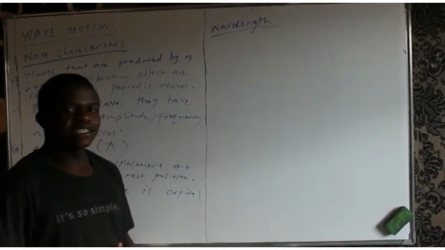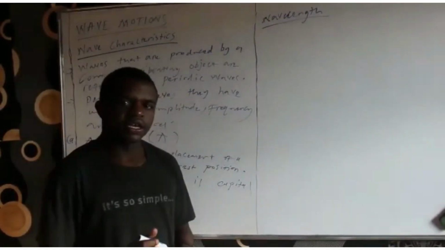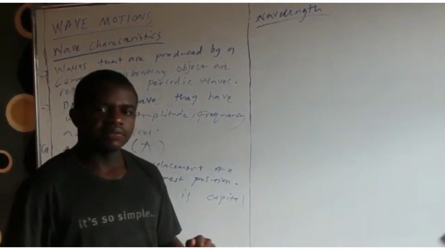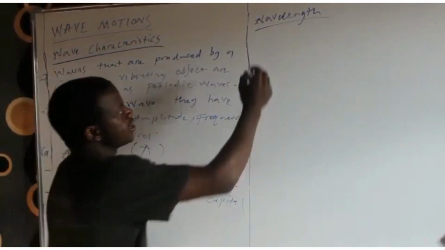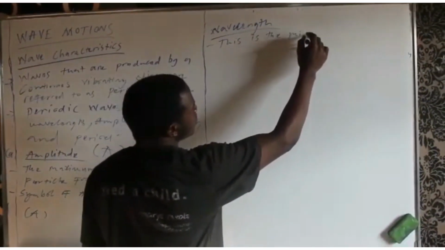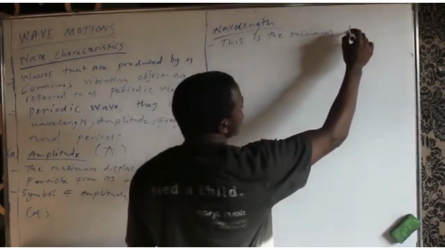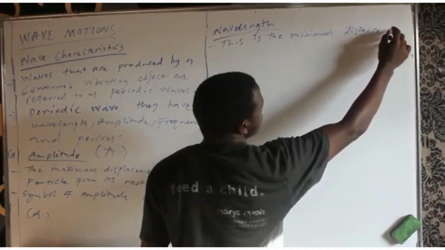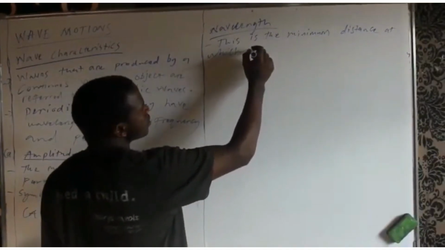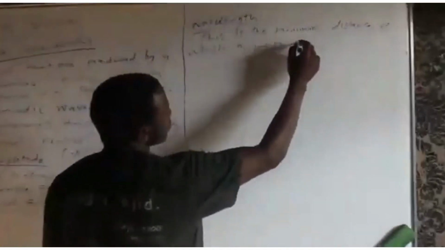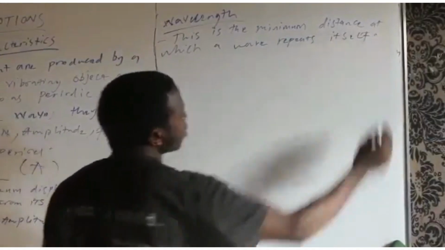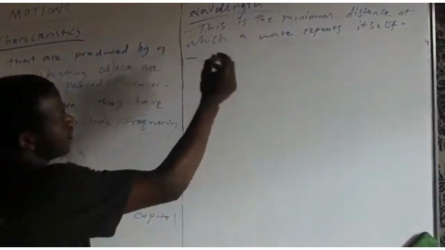Wavelength is defined as the minimum distance at which a wave repeats itself, and the symbol of wavelength is a Greek letter, lambda, and wavelength is measured in meters.